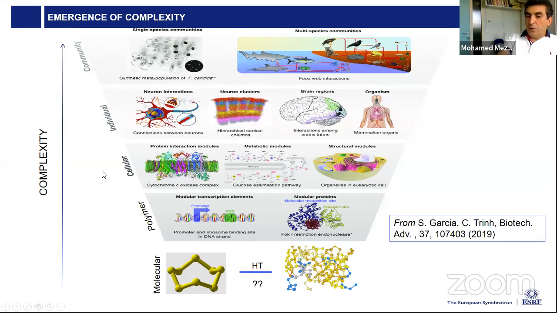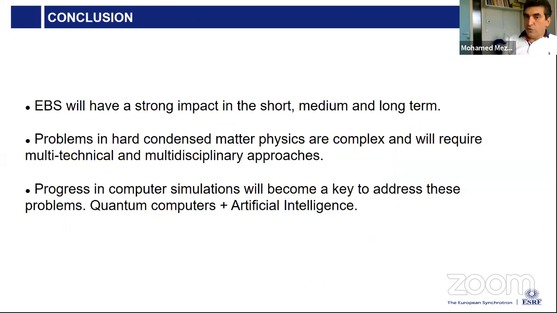Okay, and I think with that, I will now just give a few words of conclusion. And I'm convinced that EBS will have a strong impact in the short, medium, and long term. And I hope I convinced you through these few examples. I would say that the problems in hot condensed matter are really complex and certainly will require multi-technical, multidisciplinary approaches.